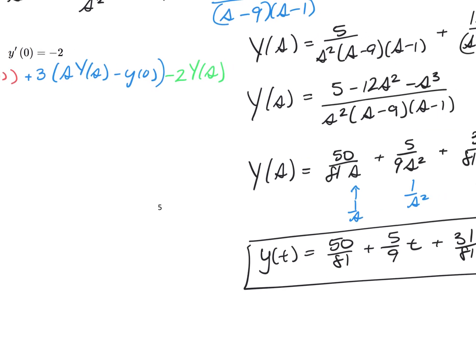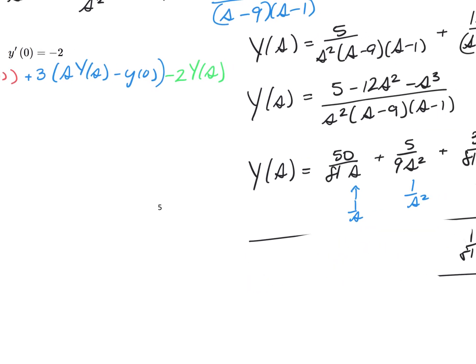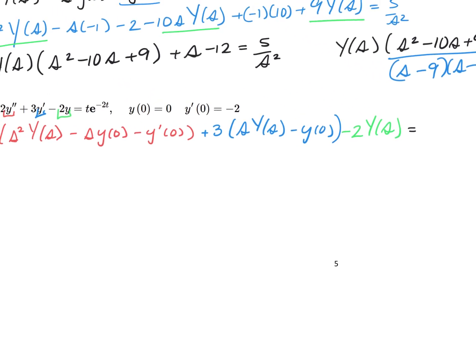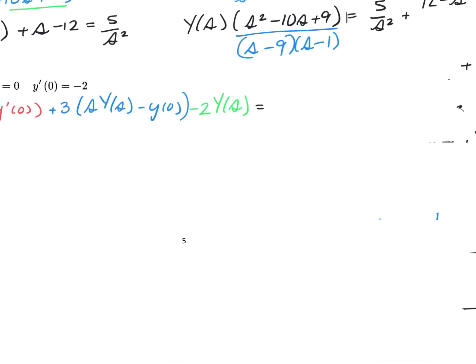I'm going to need this space, so I'm going to go ahead and erase all of that so I can have this space. On the other side of the equal sign, we have te raised to the negative t. Looking on my Laplace table, this becomes 1 over s plus 2, the quantity squared.